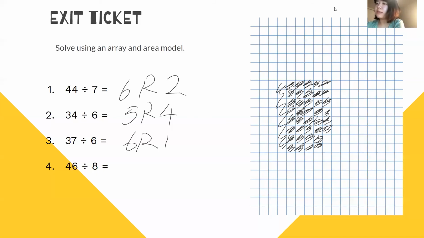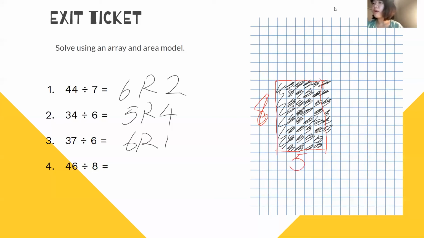Okay, so we have a rectangle right here. And the width for this rectangle is 8. And the length right here is 1, 2, 3, 4, 5.